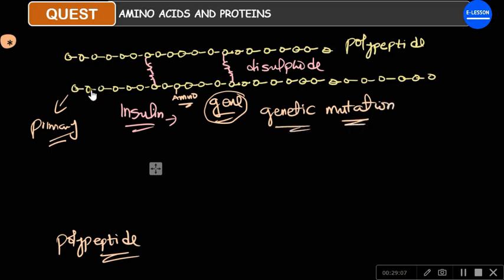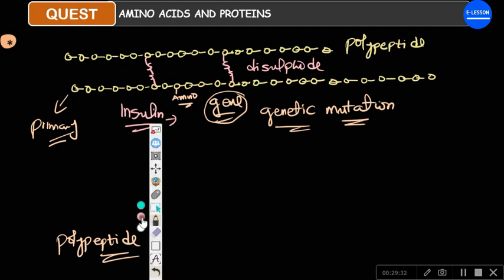So the sequence of amino acids you have here is specified by the gene in the body. Your gene is like your blueprint. Are you getting it now? That is what specifies the nature of these amino acids. So we can say the sequence of amino acids, for instance, if this is alanine, valine, glutamine, asparagine, and different amino acids, is specified by the gene. And any change in this will cause serious illness and disease.